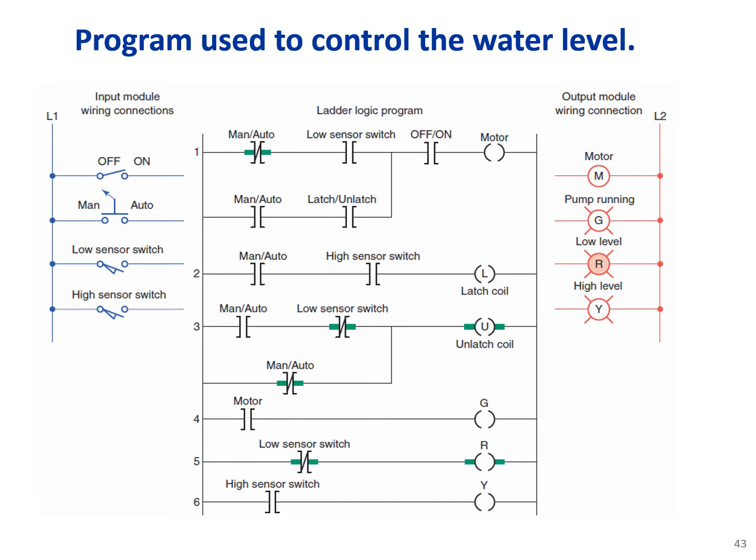And the output devices, we have a motor and pump running, for example, and 3 pilot lights, and the green indicates the pump is running, the red indicates the low level of water, and the yellow indicates high level of water in the tank. Okay, so let's go through the program. Okay, so this is for the manual auto.